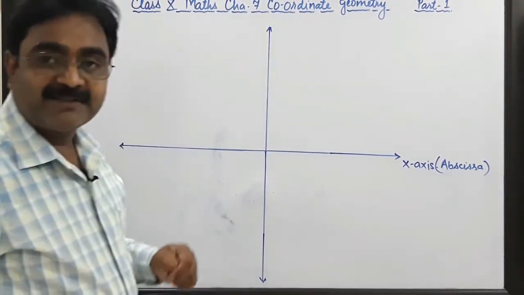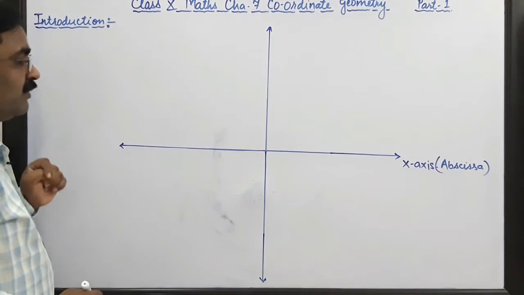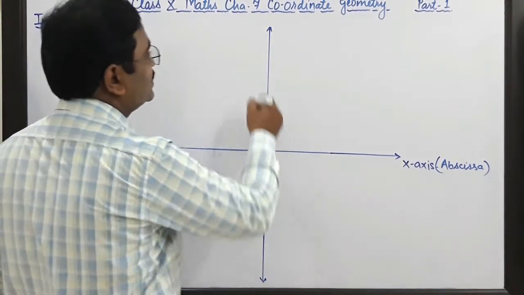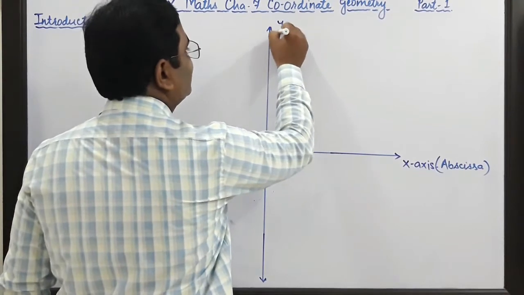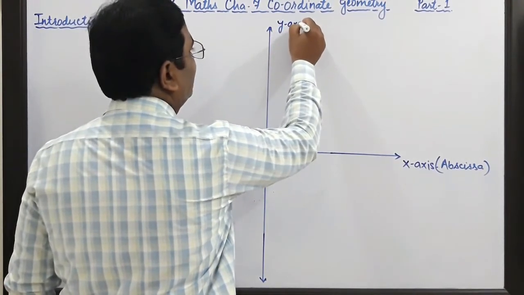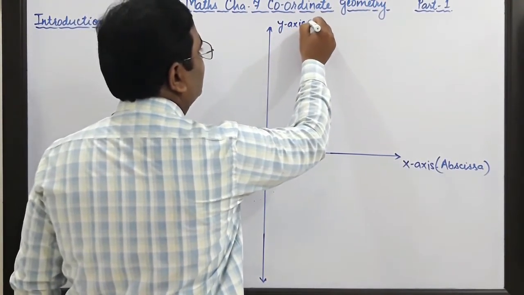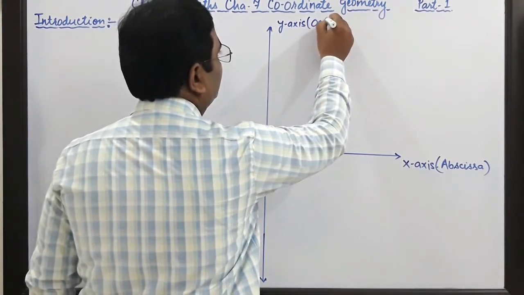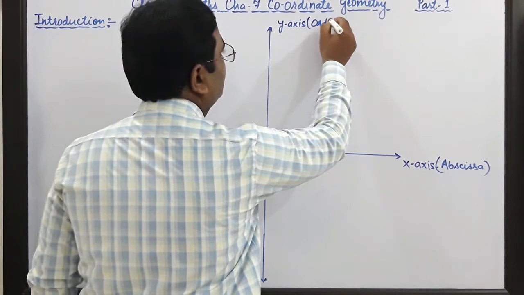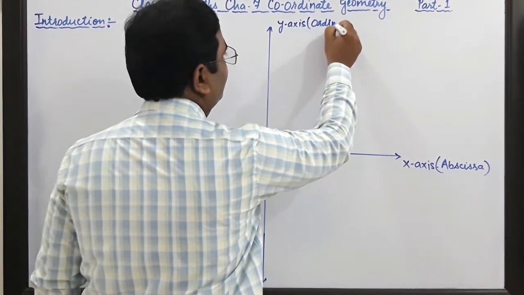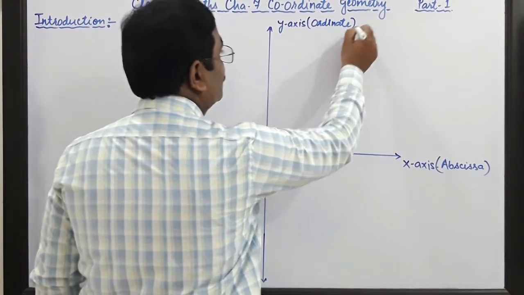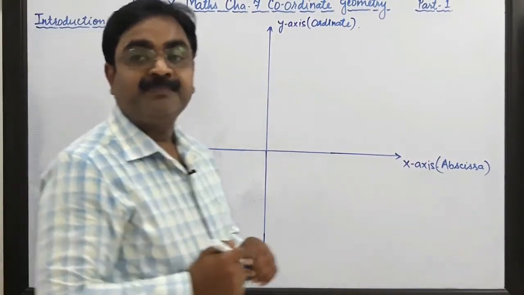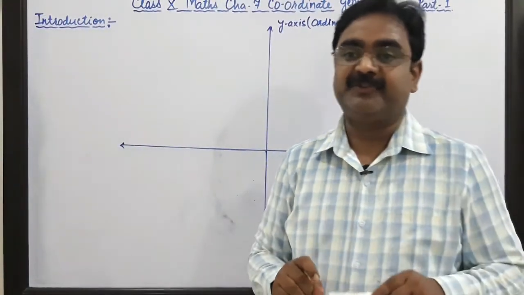Now this vertical axis is called the y-axis, or it is also called ordinate. Right, children? So these all are the introductory part of this coordinate geometry.